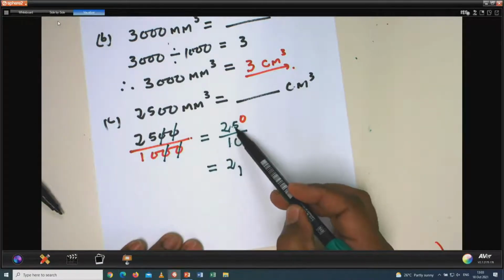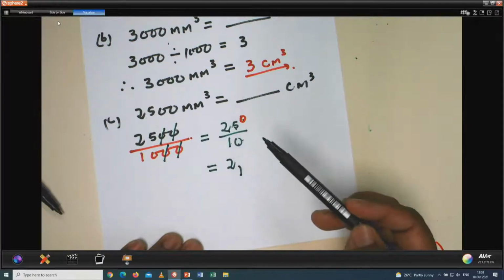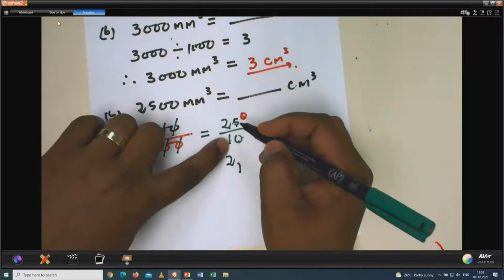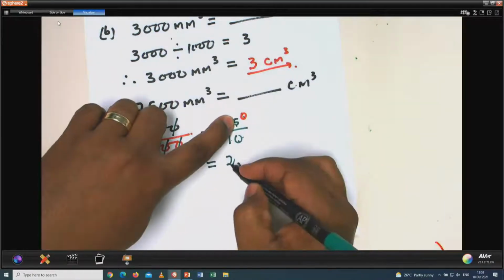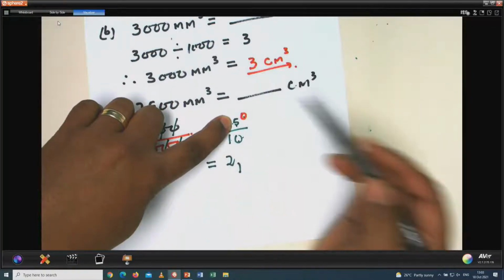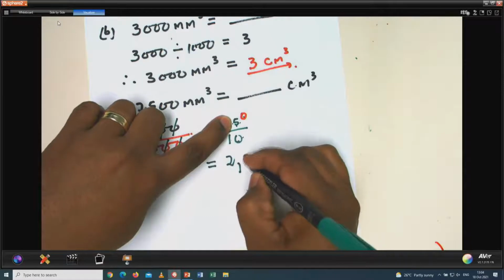It's 250. 10 into 25 was 2 times, and therefore put the comma. How do we read this one? It's 50. Now 10 into 50 is simple, that will be 5.